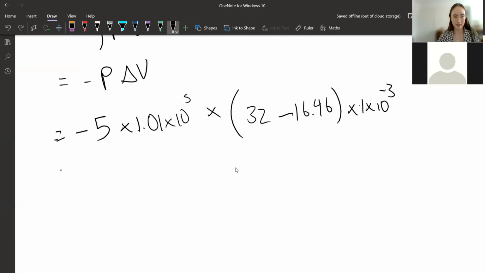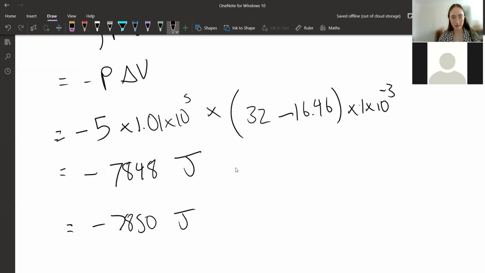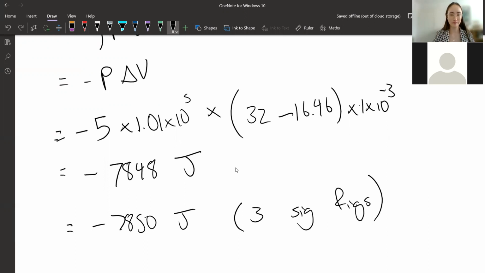And that gives us -7848 joules. Excellent. In the question here, they've actually said -7850 joules in 3 sig figs, because the values we were given in the question were in 3 significant figures.